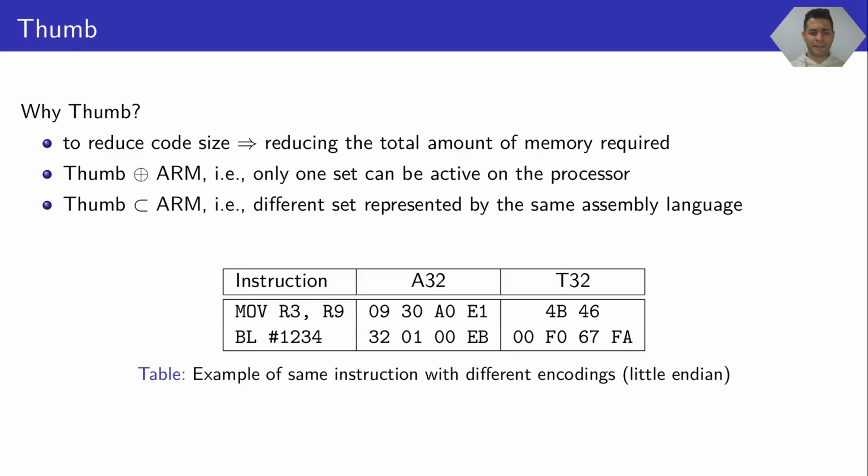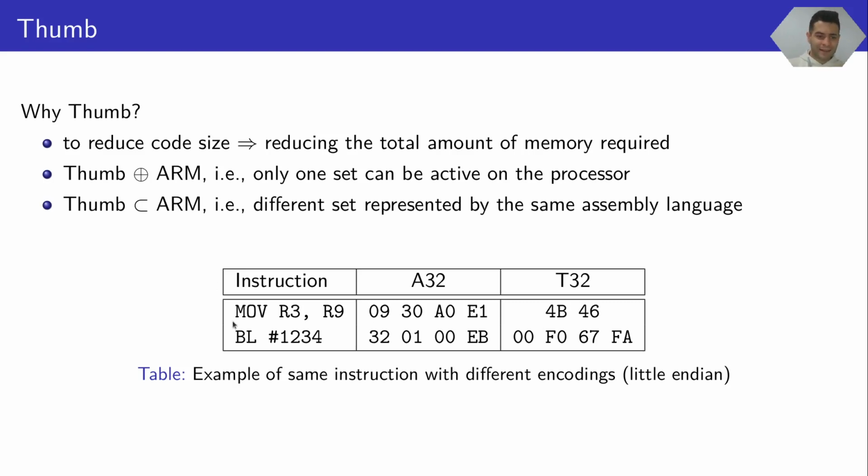As you can see in this table, for example, here we have the MOV R3, R9 instruction that we have already seen a couple of slides ago. Here in ARM32 it is encoded using 4 bytes. Instead, in Thumb32, we are just using 2 bytes.